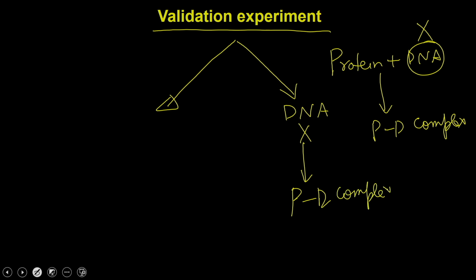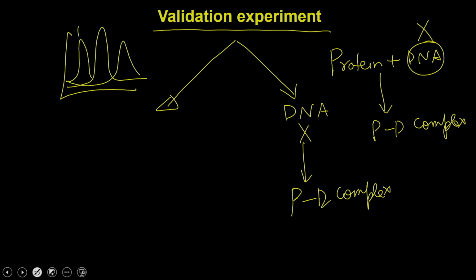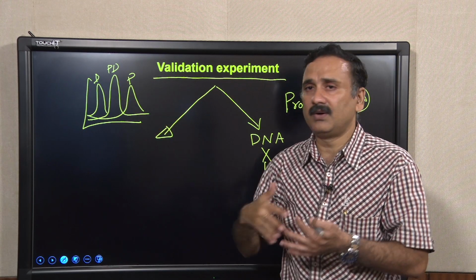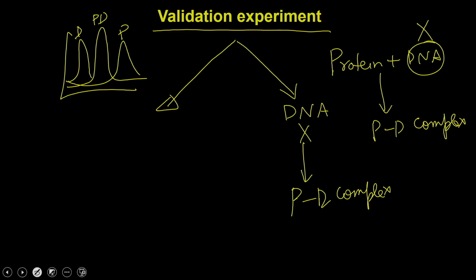If I am seeing an intermediate peak, because this is the DNA peak, this is the protein-DNA complex peak, and this is the protein peak, a shift in the peak could be because the DNA is interacting with the protein, or it could be because of some kind of artifact while you are running the second time.